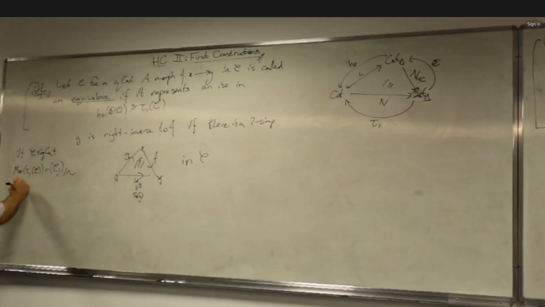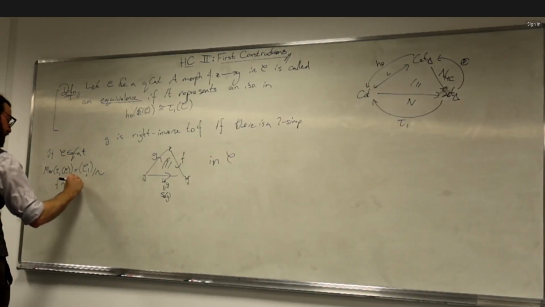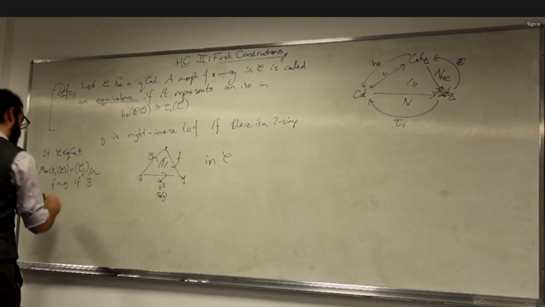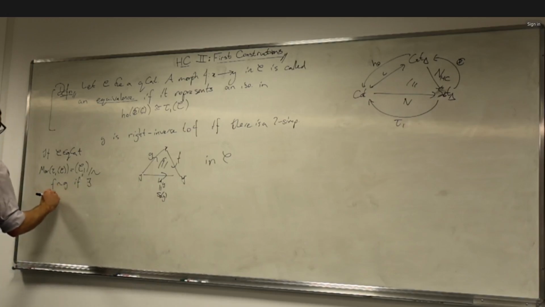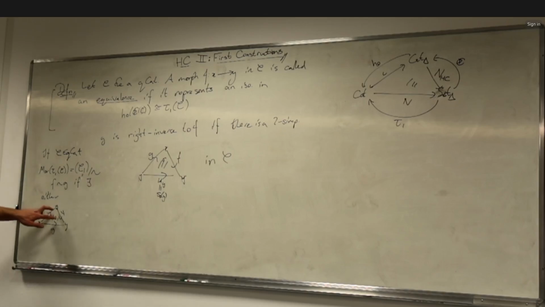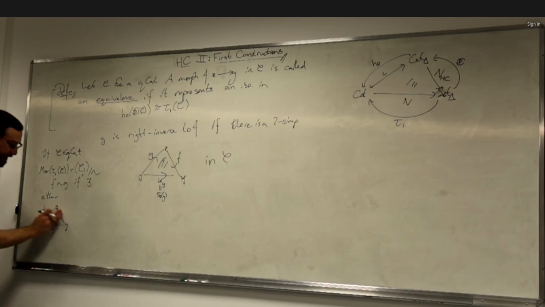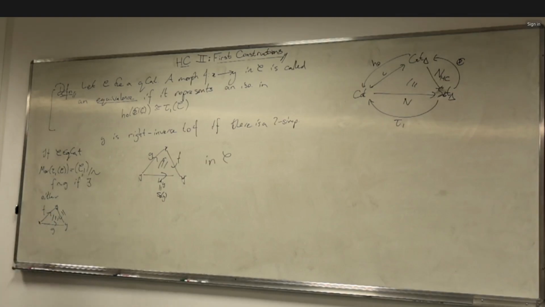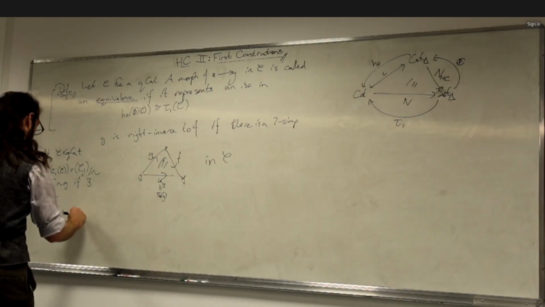And this equivalence relation is: f is equivalent to g if there exists either a triangle like that, where the right-hand edge is the identity, the degenerate edge, or the other version.